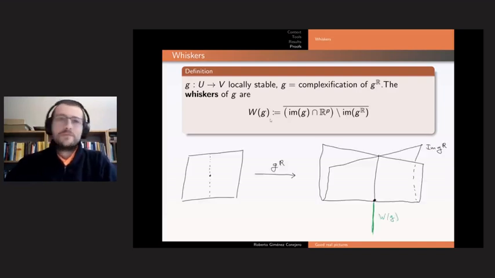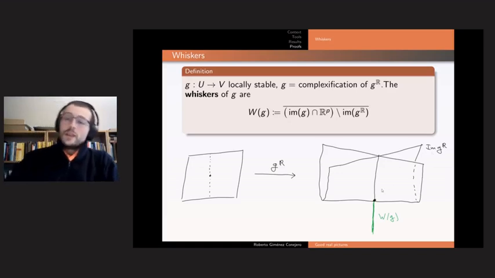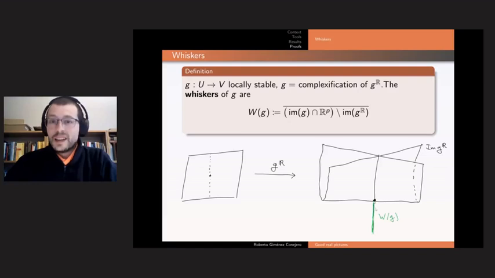I'm going to show you an example. For example, for this very easy case, the cross-cap, the Whitney umbrella, this is R2. The image of the cross-cap is like this. This is the real image. But if you take the complex thing and then you take the intersection with the reals, there are some complex points that go to the real image. And it is exactly these whiskers.